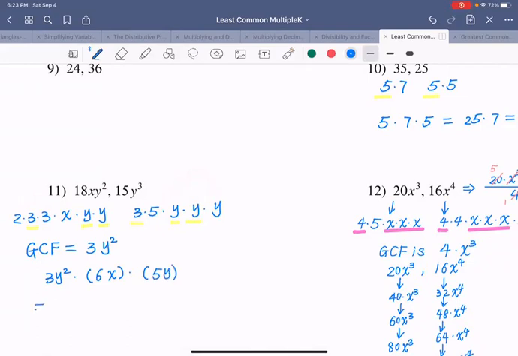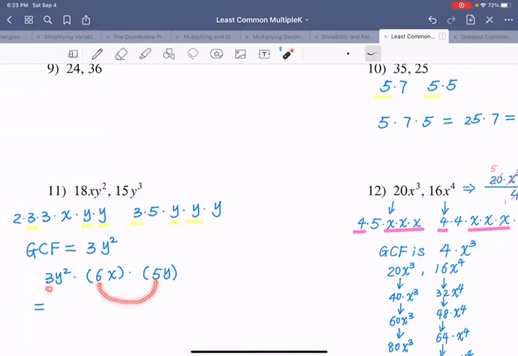Equals. Okay. So, hold up. You do this first. 6 times 5 is 30. Yes. And then x times y is xy. Okay, hold on. 30 times 3 is 90, right? 90.